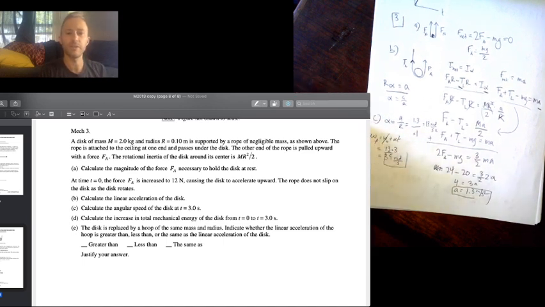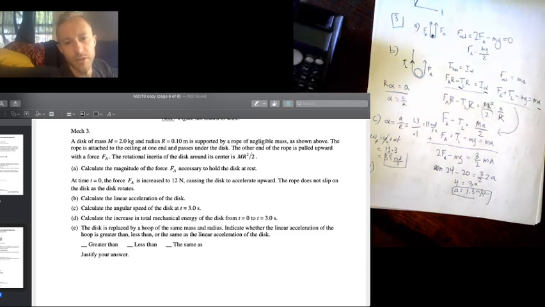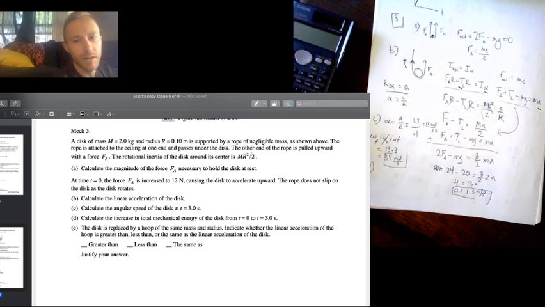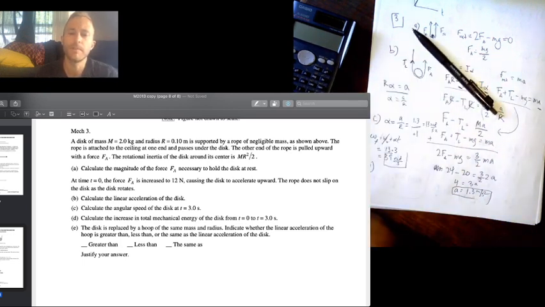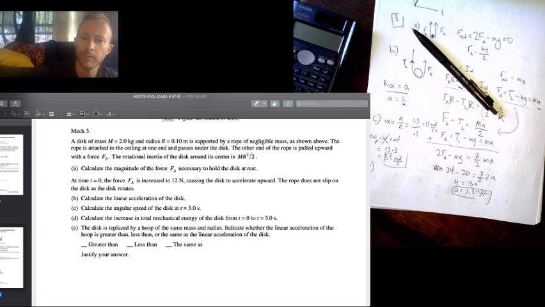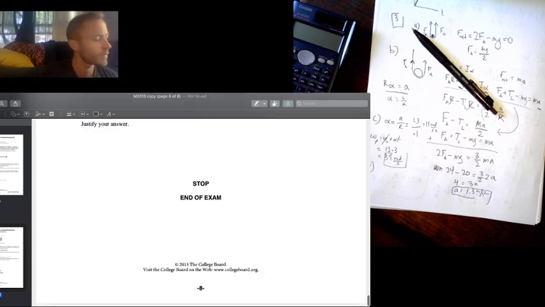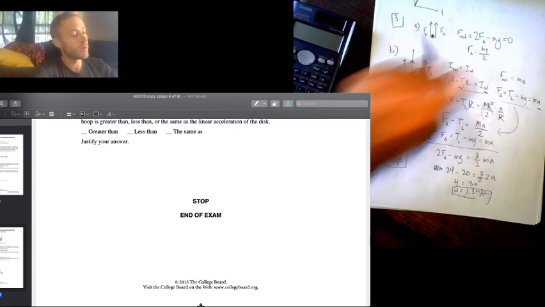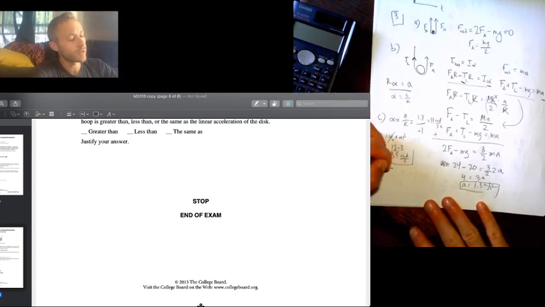D says calculate the increase in total mechanical energy of the disk from 0 to 3 seconds. Okay, so basically our initial mechanical energy is 0.